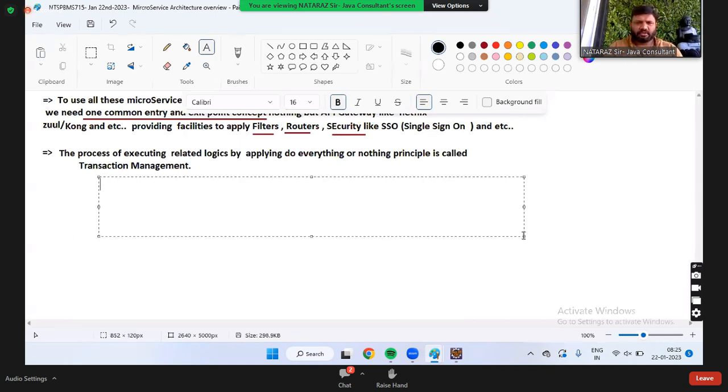Two types of transactions. TX is the official word to represent transaction.